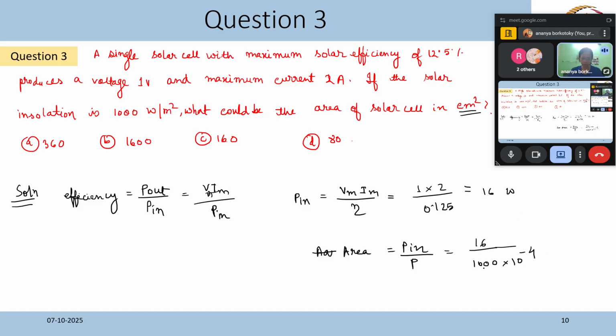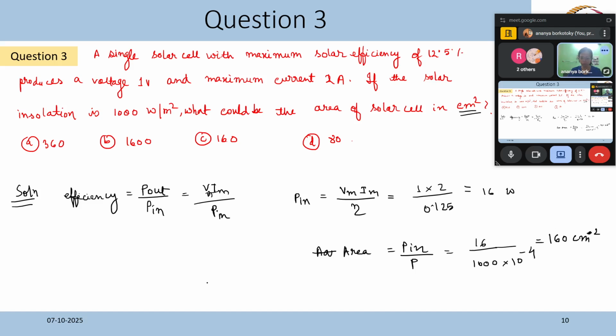This is 10 to the power 3 and this is 10 to the power minus 4, so this is 160 centimeter square. So this is the area of the solar cell.